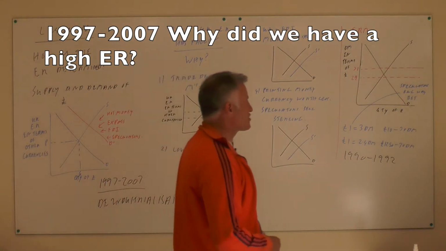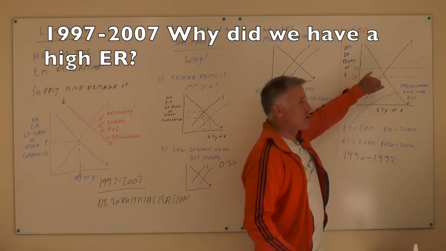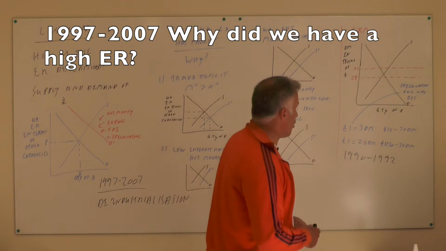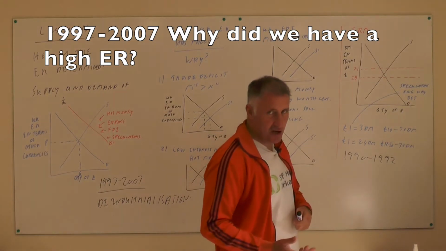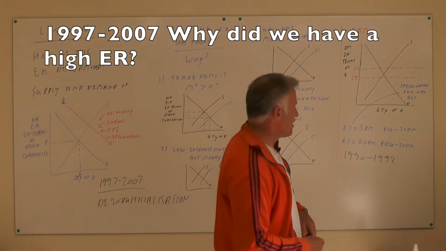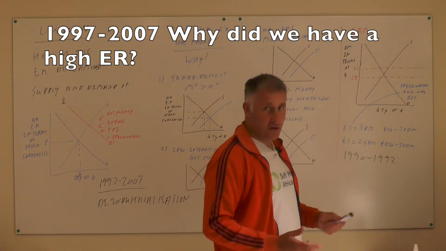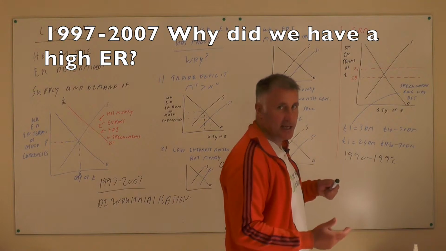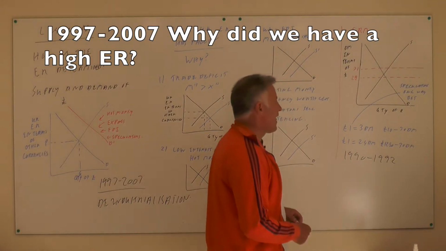We had to have high interest rates because we needed to attract hot money into the UK, because speculators were selling sterling because they realised that eventually sterling was going to fall. The government said we're going to continue in the exchange rate mechanism.